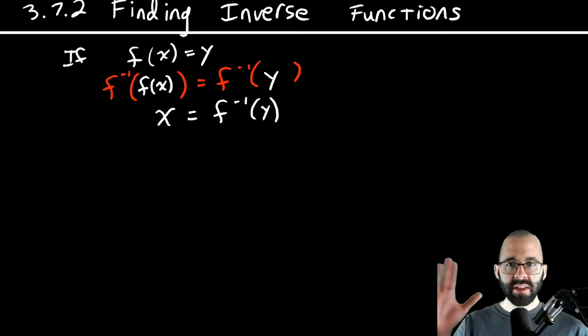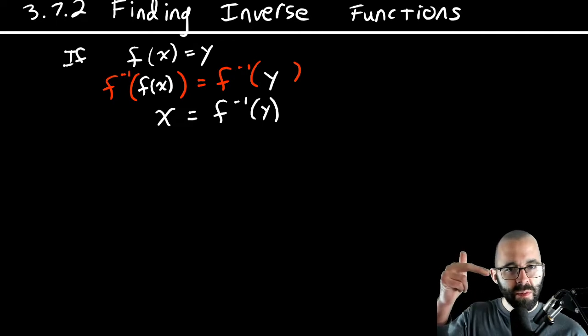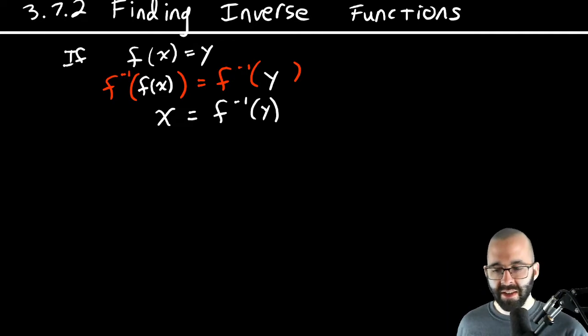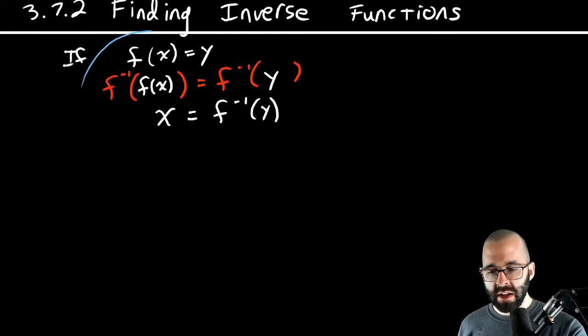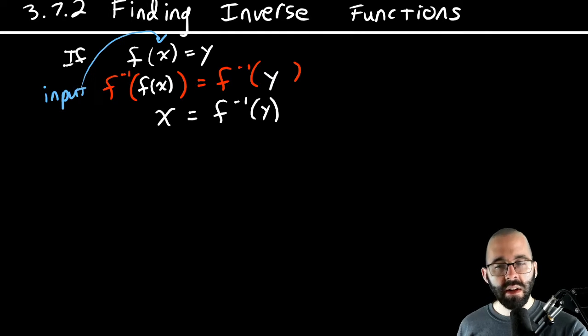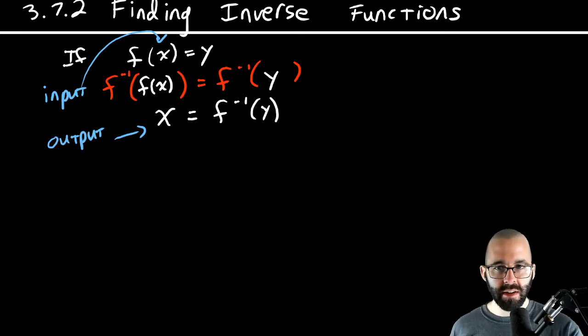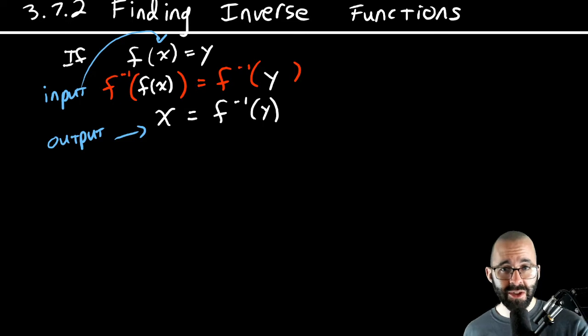So notice this kind of cool relationship. Look at the first step and the last step. One of the ways that we sometimes talk about inverse functions is that the input of the regular function becomes the output of the inverse. That's going to lead to something interesting with domain and range.